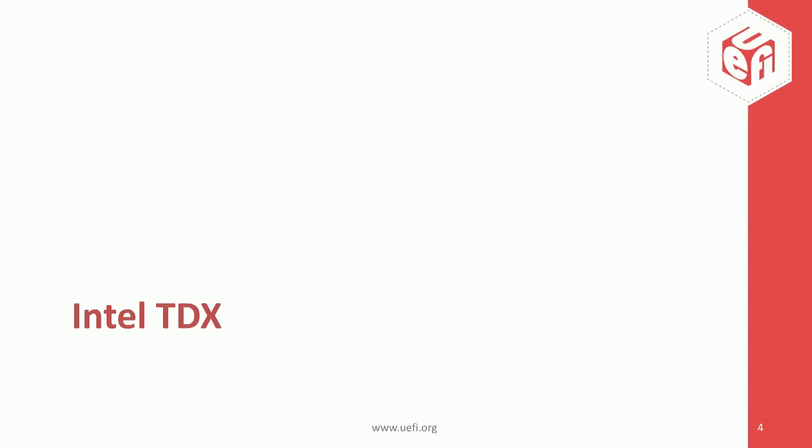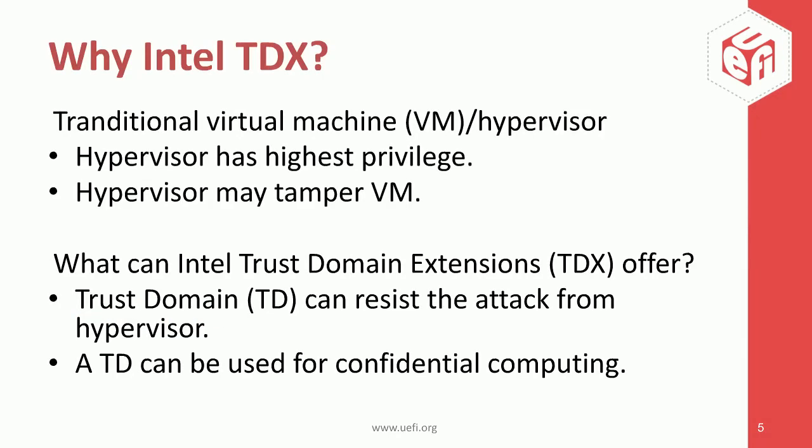So first, let me explain why we need Intel TDX. Today, we have a hypervisor emulating a virtual platform. The hypervisor has the highest privilege, but a malicious hypervisor may tamper with a virtual machine. A customer may rent a VM from a cloud service provider, and the VM may contain sensitive data, such as confidential information.